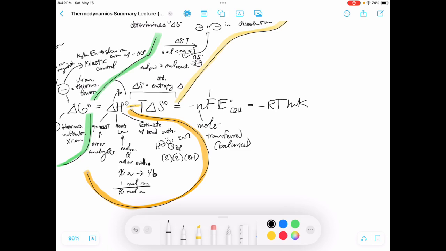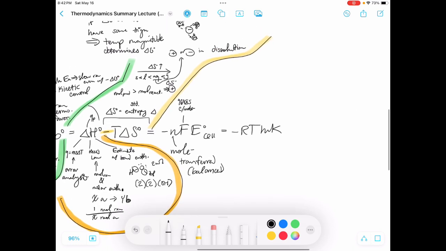Your F, that's a constant, always 96,485 coulombs per mole of electrons. And then your E naught cell, this is what a lot of the chapter on electrochem focuses on. Your E naught cell is calculated from the half cell potentials of your anode and your cathode.